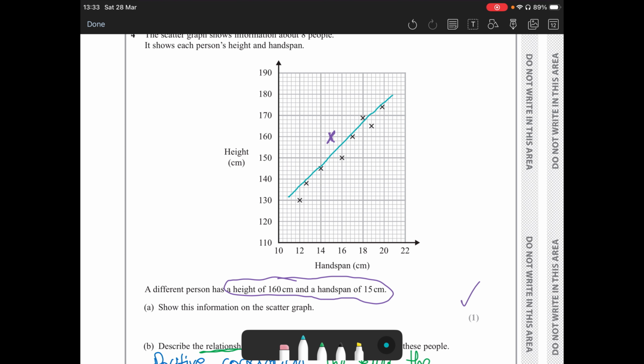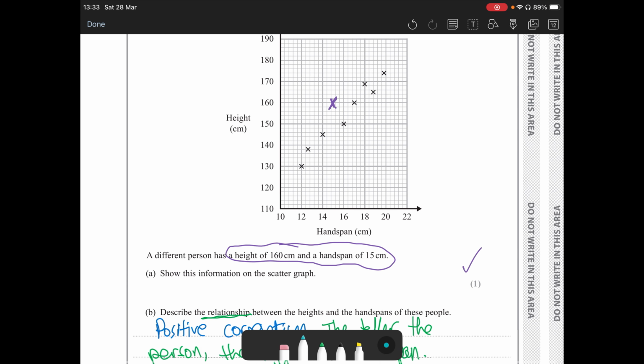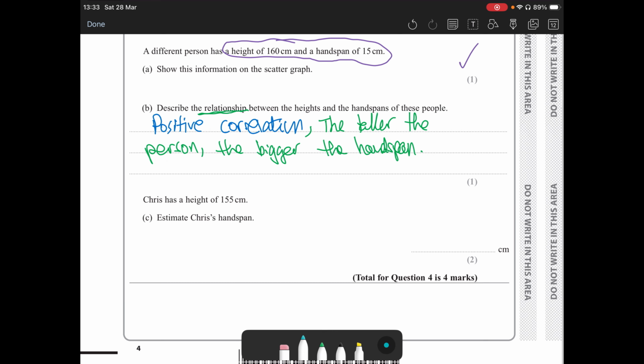So imagine you'd use a ruler here, and it doesn't have to go through any points, but it should have roughly half on one side or the other. I think that's fine. You might argue that I could have done this better and drawn it slightly lower. Again, there's no exact science, or at least not at GCSE anyway. But yeah, you just want a line. Don't worry if it doesn't cross any point, as long as it's roughly in the middle. So that would be suitable, and that'll get you 1 mark.